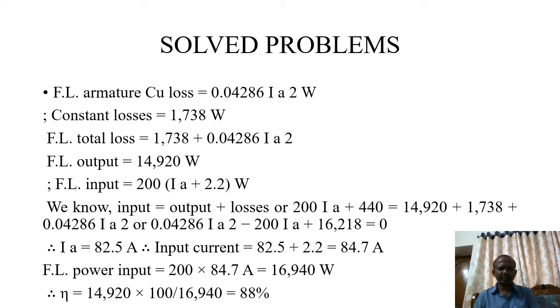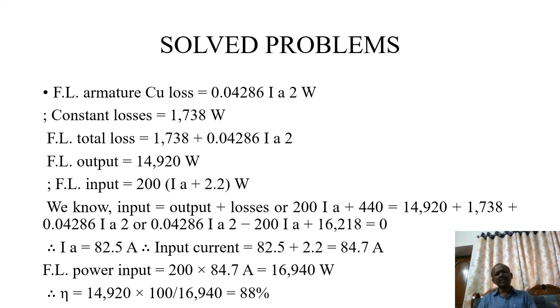Therefore, full load input is equal to voltage V, 200, into Ia plus Ish, 2.2 amperes, that is the load current. Therefore, the full load input is 200 into Ia plus 2.2.